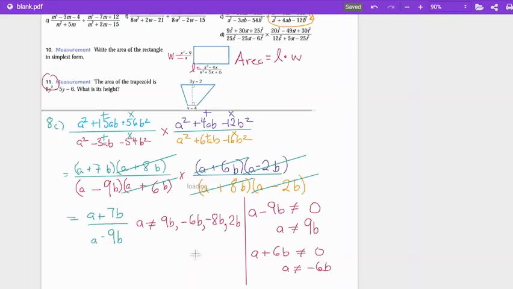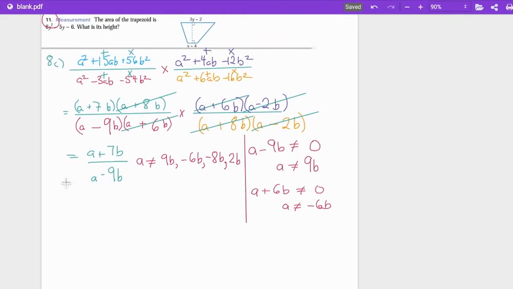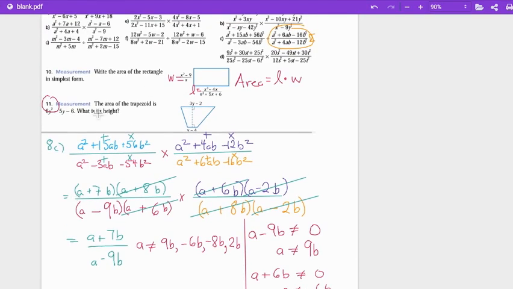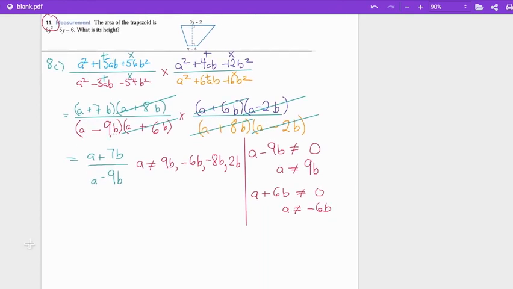Question 11, we're looking at a trapezoid. So let's do some work and let's read the question carefully. The area of the trapezoid is. So in question 11, we are given that the area is 6y squared minus 5y minus 6. We are asked for the height, right?